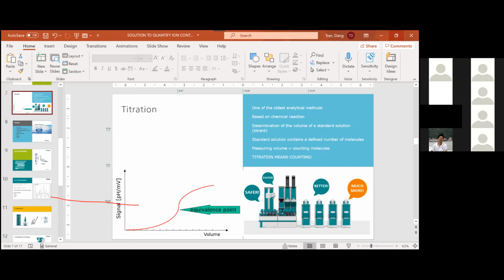Yes, airport security, customs and security departments use it to detect what is inside a package or luggage. No sample preparation, so they get the result as quickly as possible.